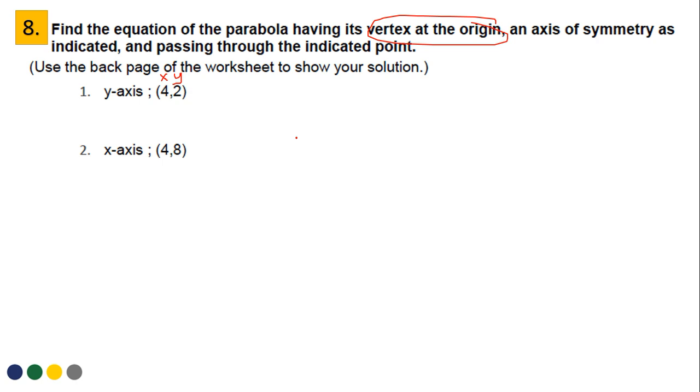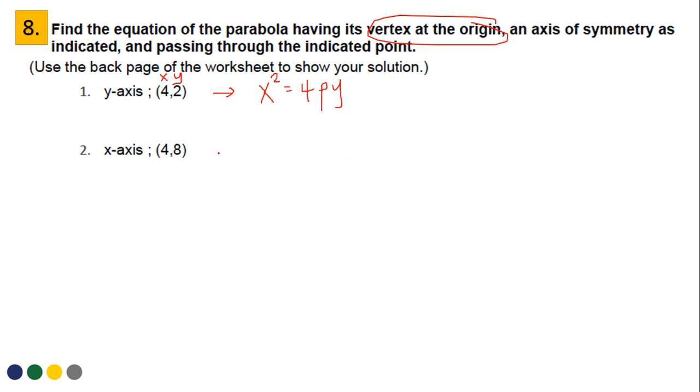So what is the formula that we're going to use? Okay, since y-axis is the axis of symmetry, we're going to use the opposite, meaning we're going to use x squared is equal to 4py.